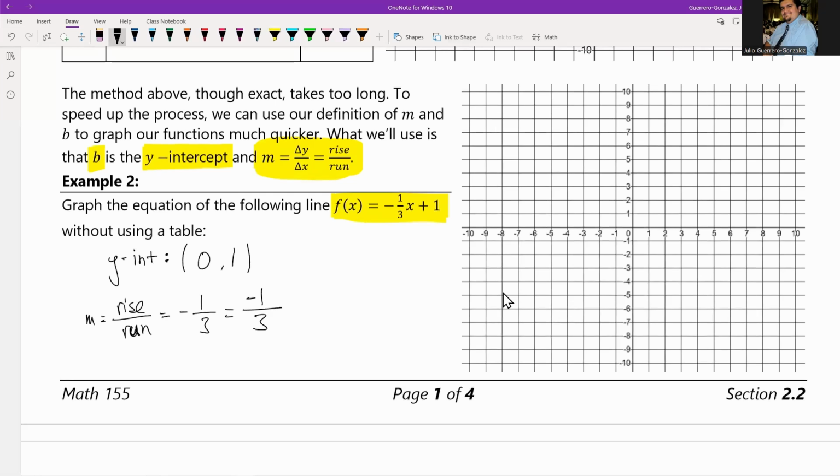I can give the negative to the top or the bottom. In this case, and I think this is the best way to do it for everybody in the class, give the negative to the top. Okay. And here's the reason why. This tells me my rise divided by my run. So this is going to tell me to go down. The negative is telling me instead of rising, I'm going to be falling. I'm going to be dropping. Okay? Got it?